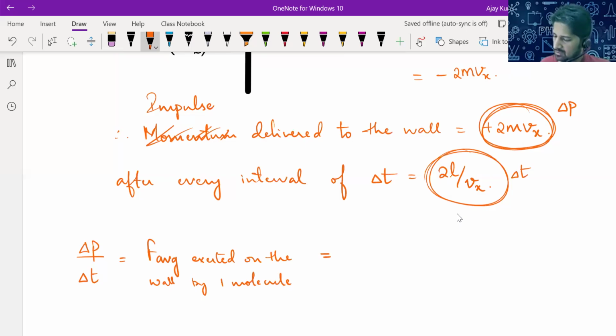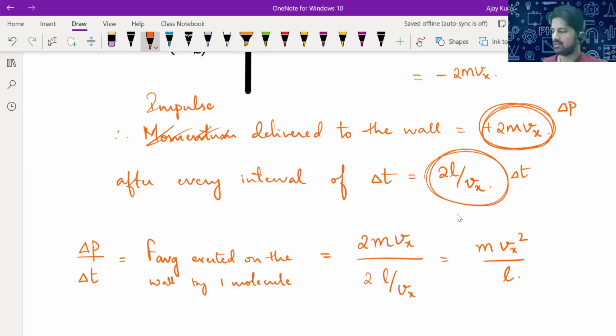So that will be change in momentum, 2mVx, divided by the time after which this much impulse is delivered, a regular interval of 2L by Vx. So effectively, how much does that become? mVx square divided by L. That's the average force exerted by one molecule on that wall of the container, where m is the mass of that molecule, Vx is the x component of velocity of that molecule, and L is the length of the container.